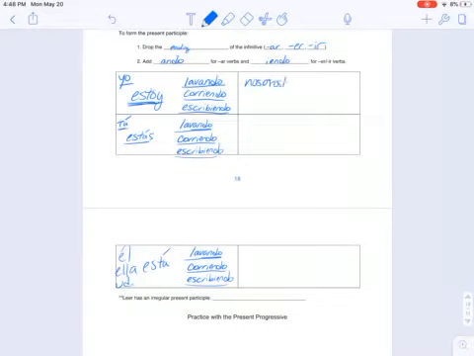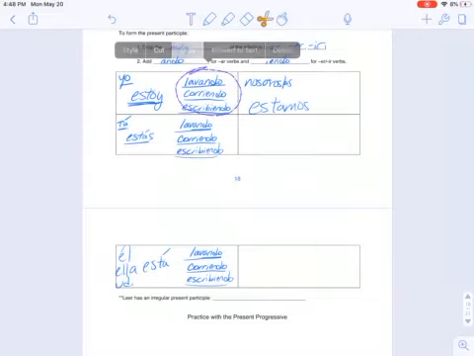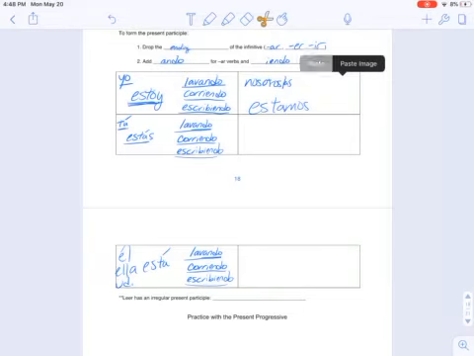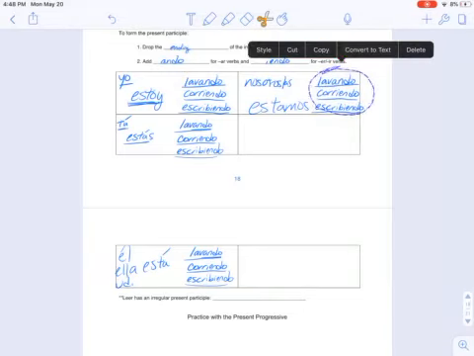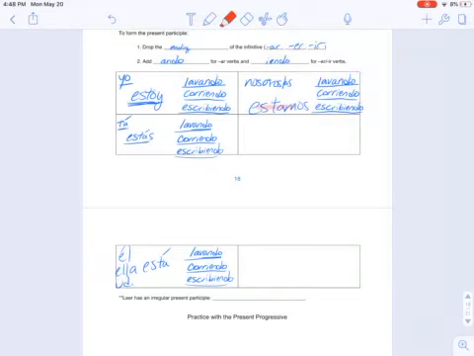For nosotros and nosotras, we're going to use the nosotros form of estar. And then we're going to use those same endings again. So this is we are washing, we are running, we are writing.